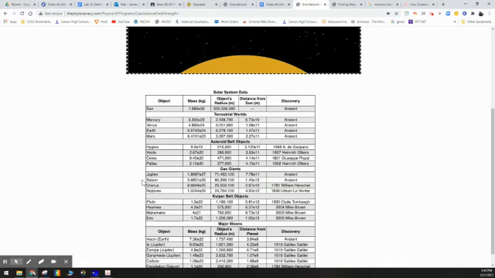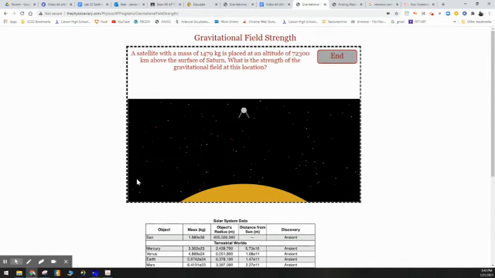At this location, go ahead and record the mass of Saturn and the radius of Saturn. We need those two. Let's go back up here. Using the equation that we just used, try to calculate the gravitational field strength at this location.